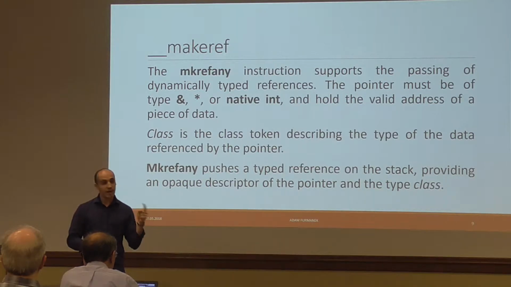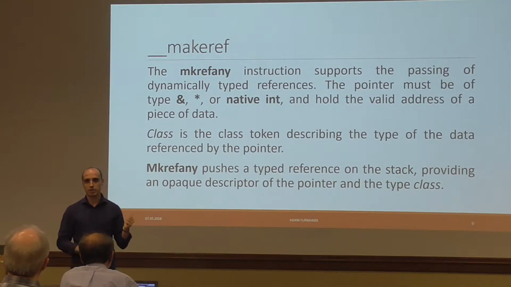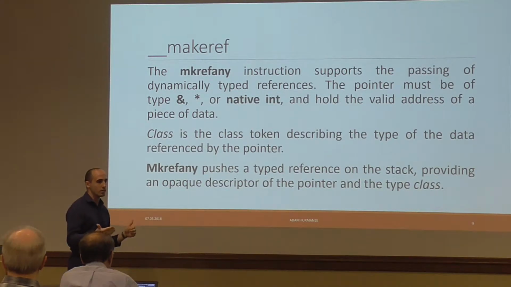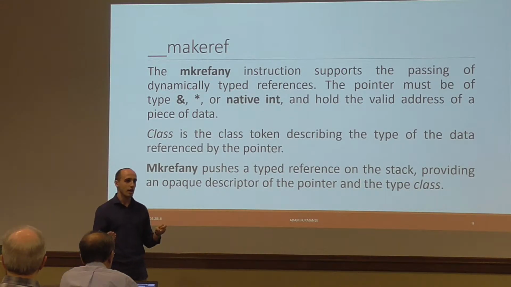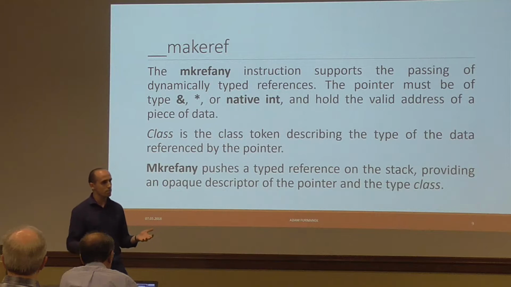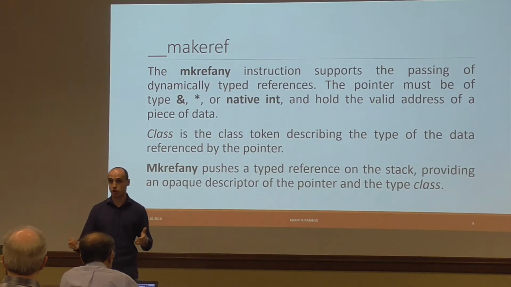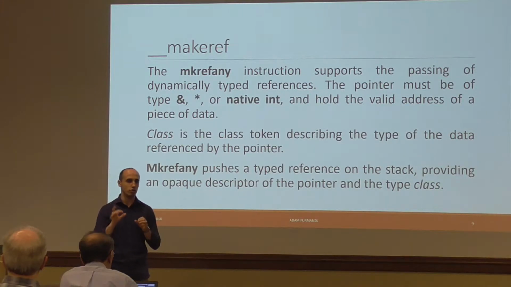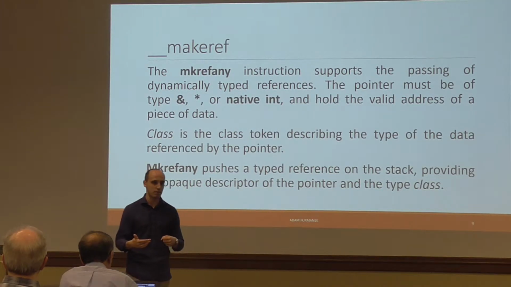Okay, makeref. Why is there ever in C# this keyword? The answer is, before we had .NET 2.0, we didn't have generics, yes? If we were to implement a method accepting anything, either value type or reference type, we had to use objects, so we had boxing, which was slow. However, with makeref and with typed reference, we could just pass the pointer to some data, so we could avoid the boxing and the performance penalty.